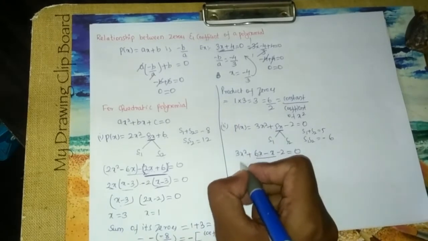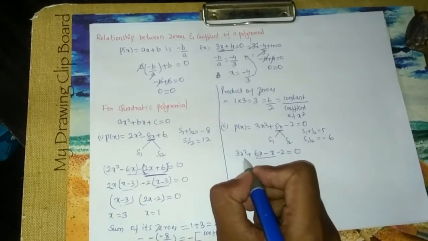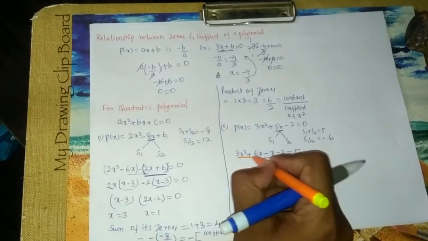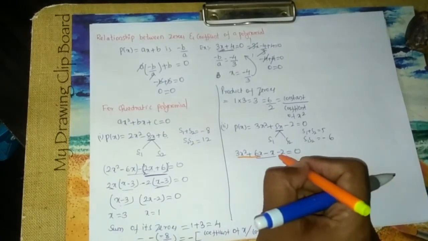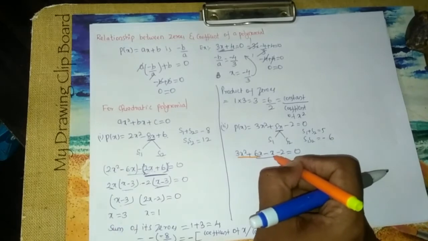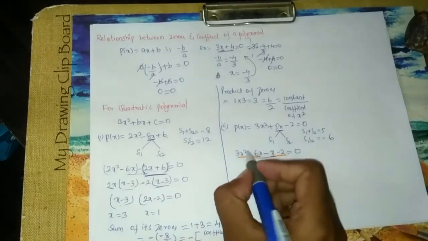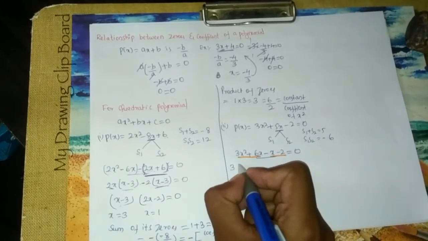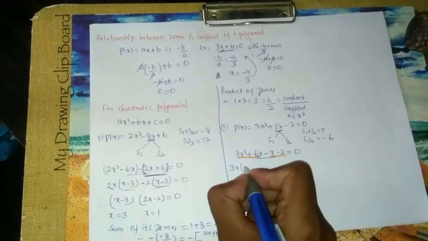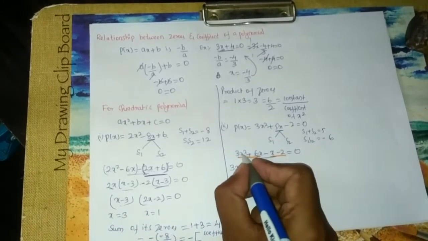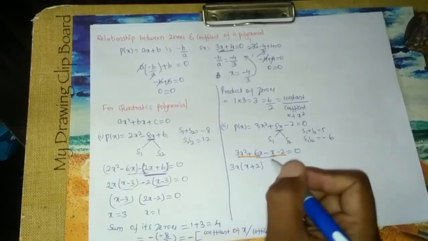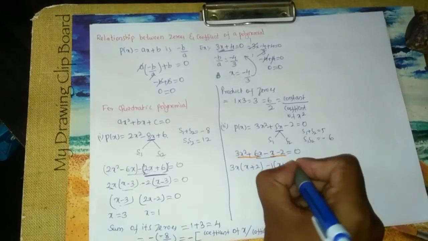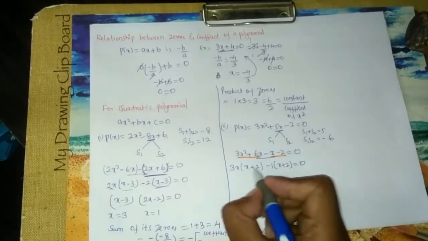So let us take the common terms between 3x square and 6x, and between minus x and minus 2. Between the first two, the common term is 3x, and in the bracket we are left with x plus 2. Let me take minus 1 common, and in the bracket we are left with x plus 2 equals 0.